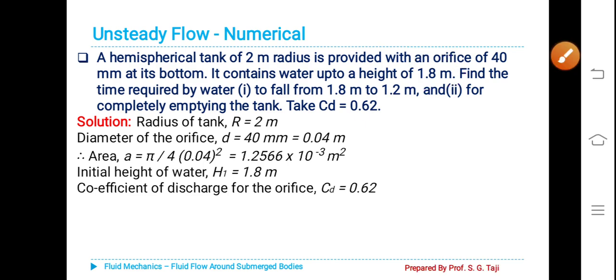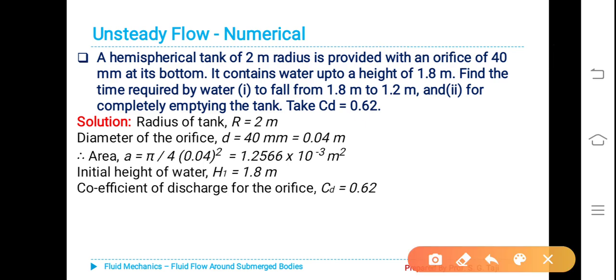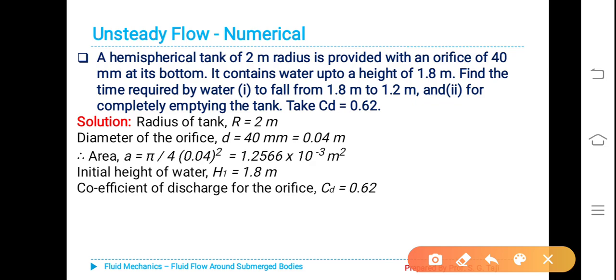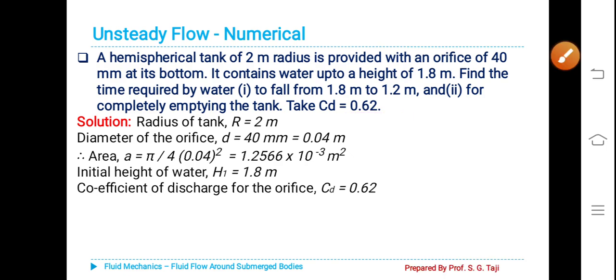Find the time required by water to fall from 1.8 meter to 1.2 meter, first case. In the second case, we have to completely empty the tank, means h2 should be equal to 0. Take coefficient of discharge of orifice or opening as 0.62.